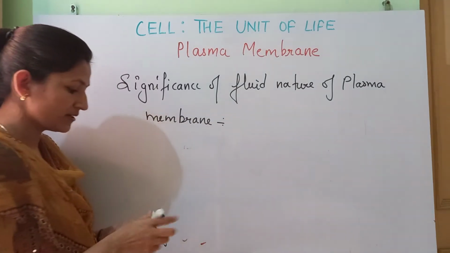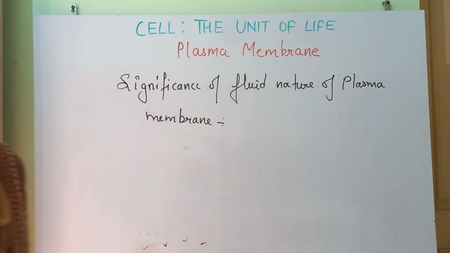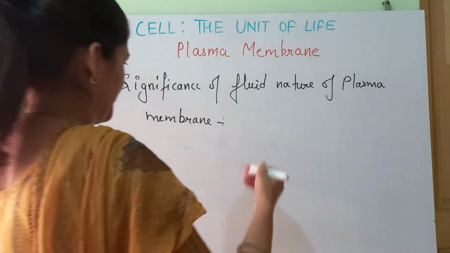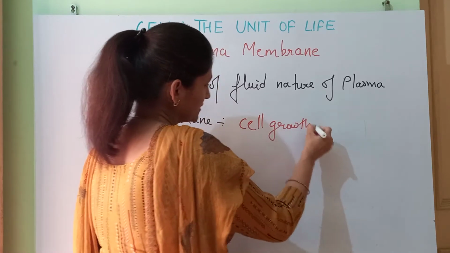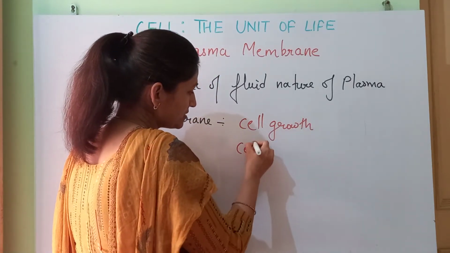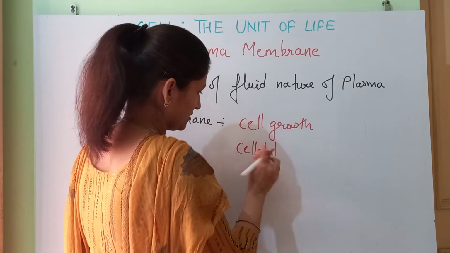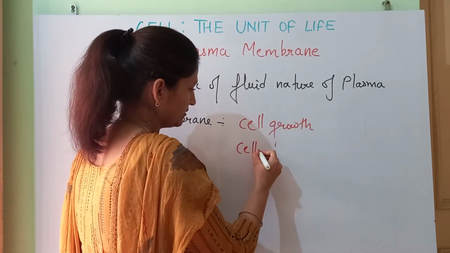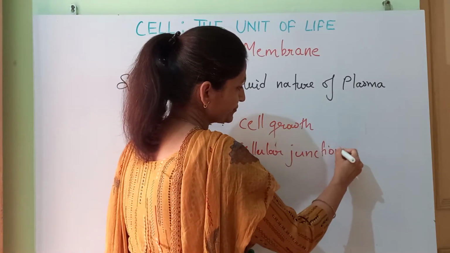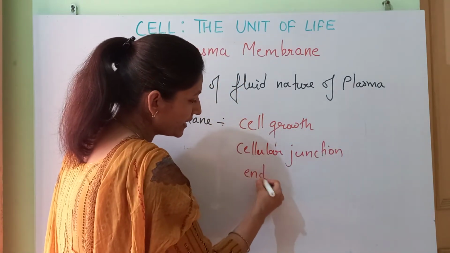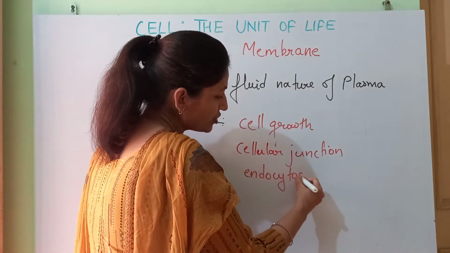As it is fluid in nature, like I've told you, the semi-fluid nature of the plasma membrane helps in cell growth, for making the cellular junctions, and for endocytosis.